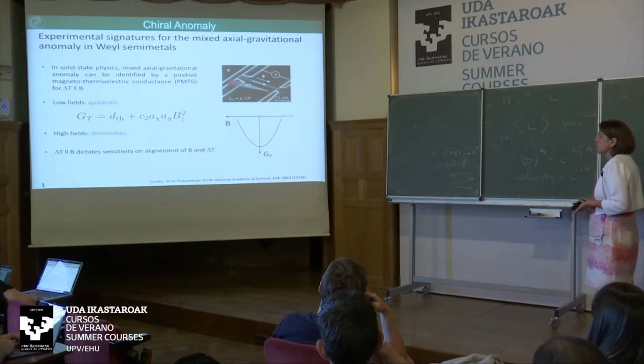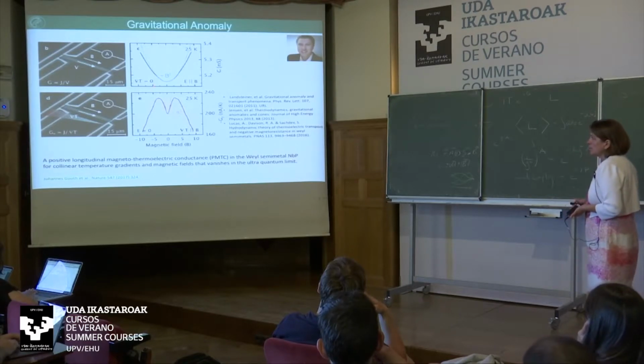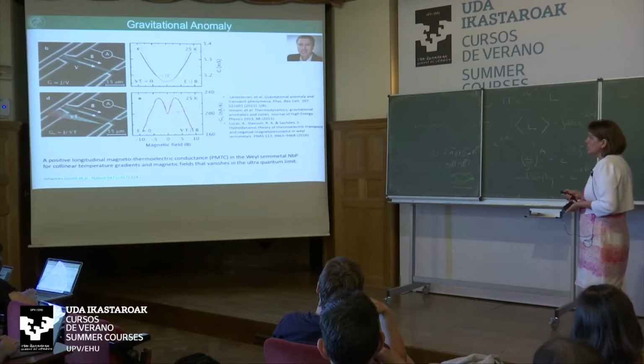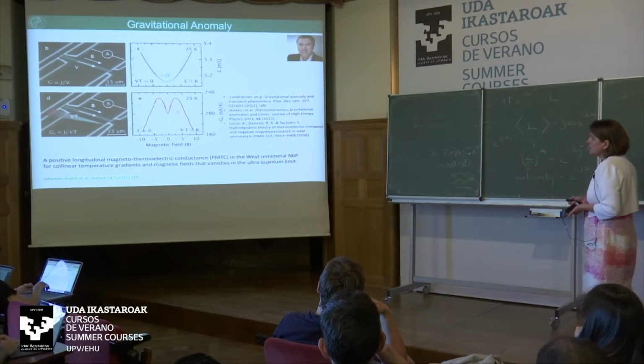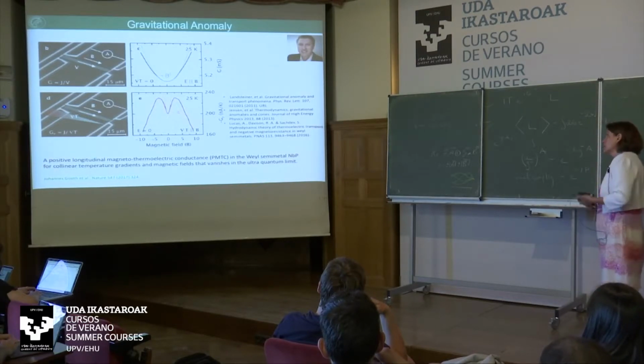This was a prediction, and I show you how nicely it compares with our measurements. This is the thermal gradient, this is the current, and the current goes with B squared, as you see nicely here. The thermal gradient first goes with B squared and then diminishes, which was exactly what was predicted by the theory.